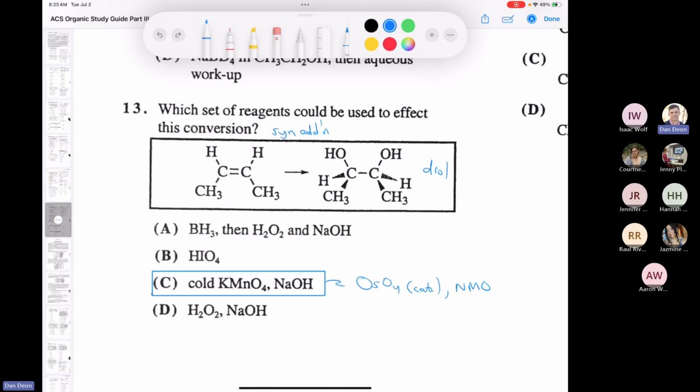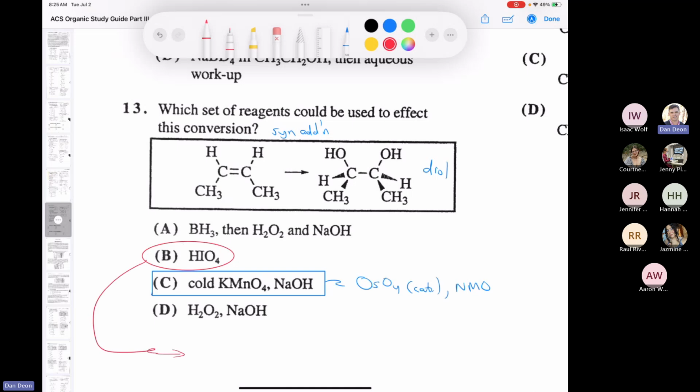One that we didn't cover, that's not covered in our class, is the HIO4, the periodic acid. If you're wondering what that does, I don't know if it's in our textbook or not, and I don't know exactly everything that's covered on the MCAT and DAT, so it might be on there.